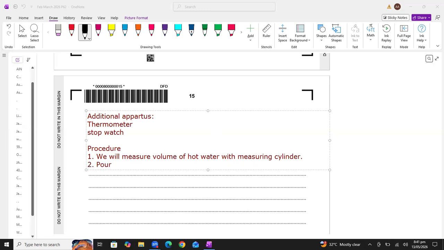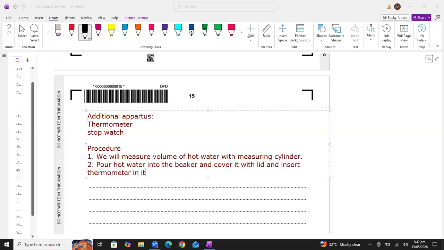Pour hot water into the beaker and cover it with lid and insert thermometer in it. And you can write here the precaution as well, that thermometer should not touch the side and base of the beaker.